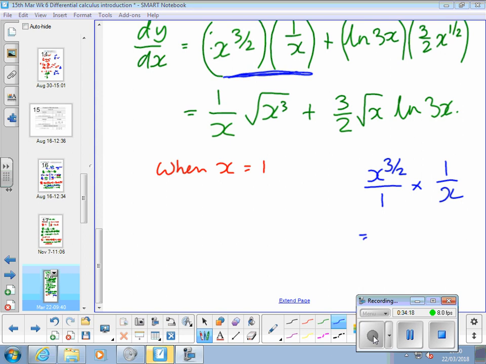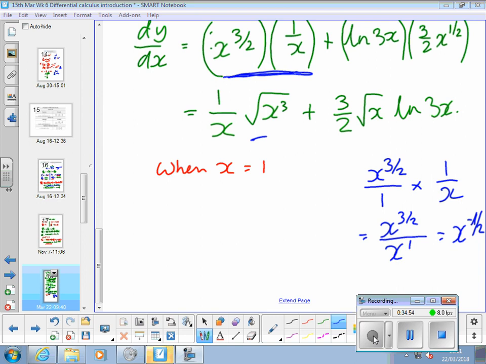That is x to the 3 over 2 divided by x to the 1, which equals x to the half, not minus the half, or the square root of x. So that term there becomes the square root of x. And that's why he's got the outside brackets, because then he's got square root of x in both sides.